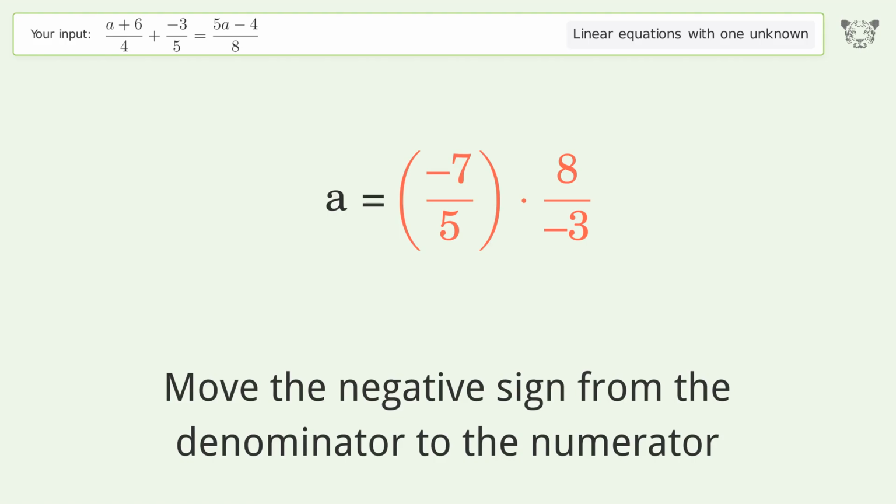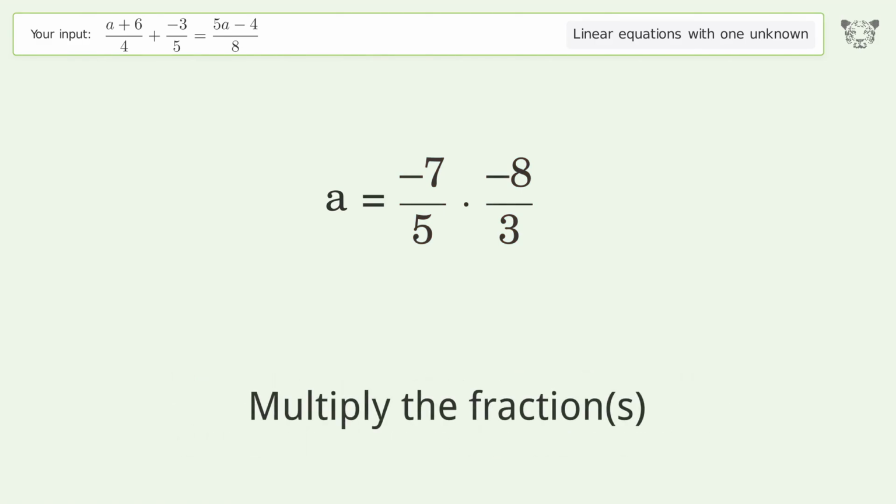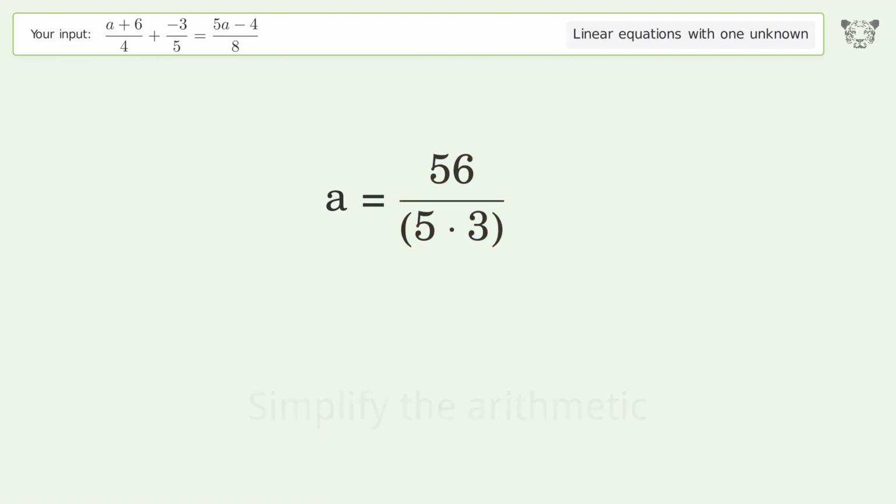Move the negative sign from the denominator to the numerator. Multiply the fractions. Simplify the arithmetic. And so the final result is a equals 56 over 15.